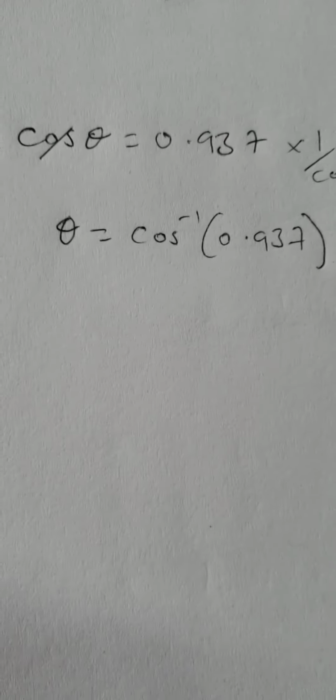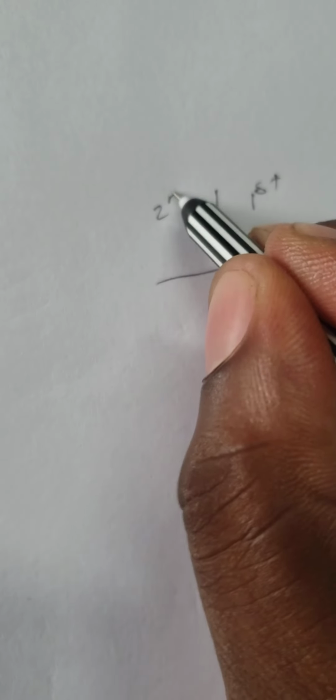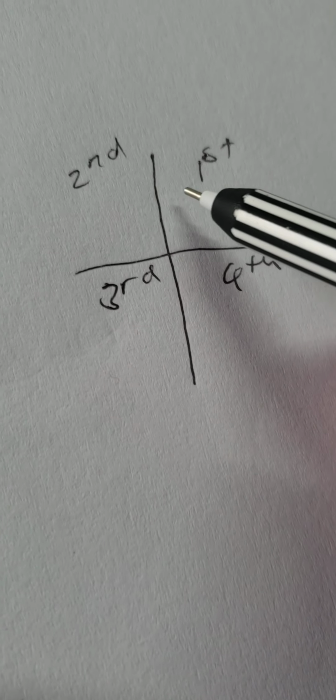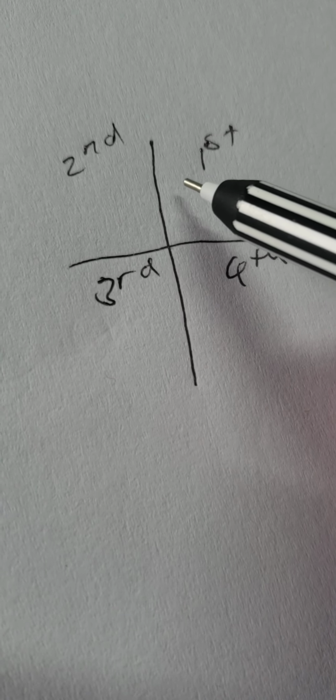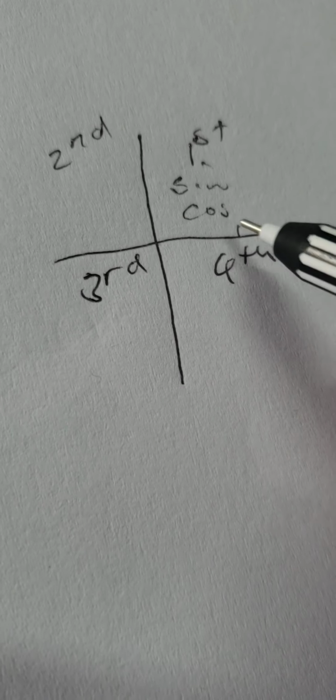So our cos is positive. If our cos is positive, we need to refer to our quadrants in the Cartesian plane. We have the first, second, third and fourth quadrants. In the first quadrant, all the trigonometrical ratios are positive: sine, cos and tan.